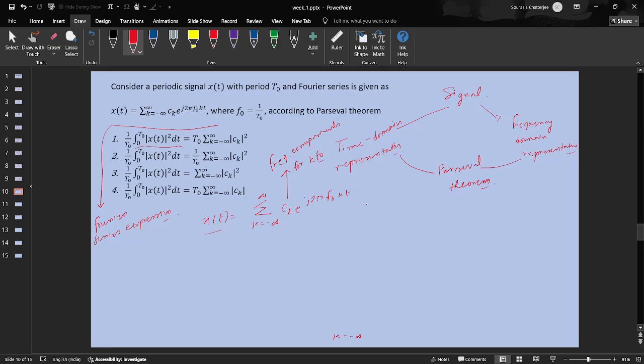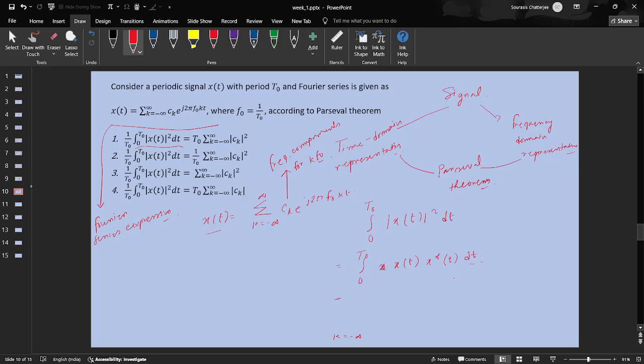So let us talk about the expression on the left hand side, where your integration interval is 0 to t naught, and you have to do xt square dt. It is the same as writing the integral from 0 to t naught of xt times x star t, because x is a complex value, so I multiply it with the complex conjugate.